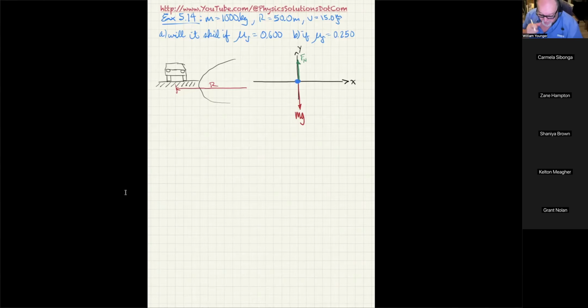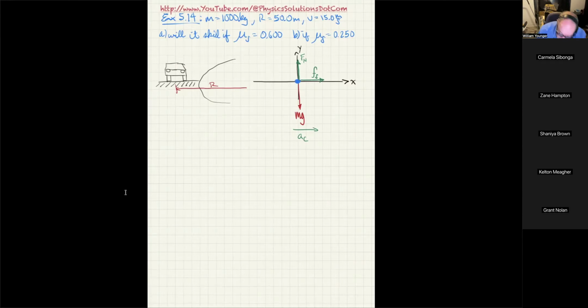And in addition to that, since we're making a turn to the right, that means our acceleration has to be this way. So that's A sub c goes this way. And in fact, in order for that to happen, we have to have a friction force that pushes it that way. Okay. So we can now draw the friction force as pointing to the right and it's F sub static.